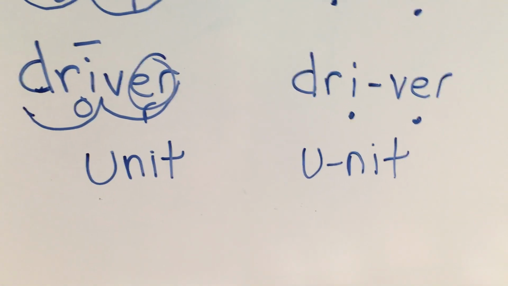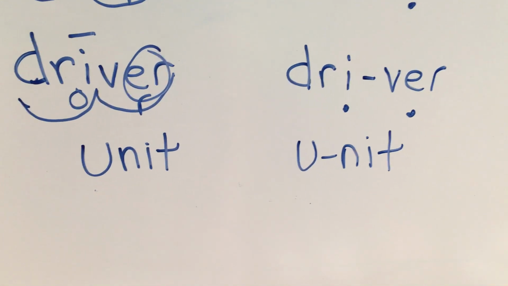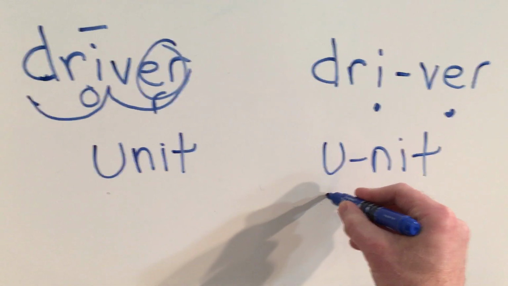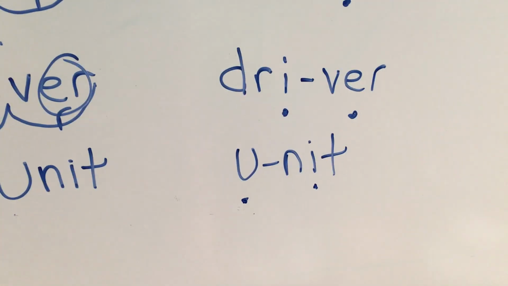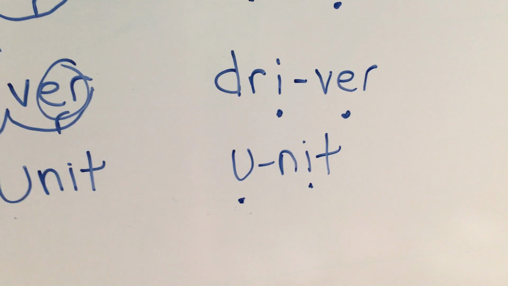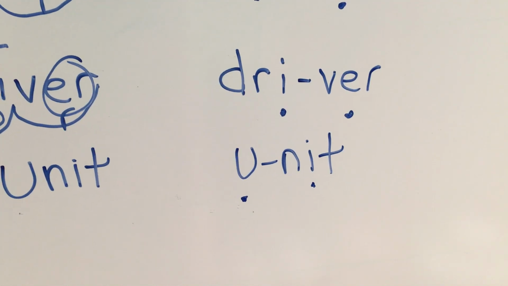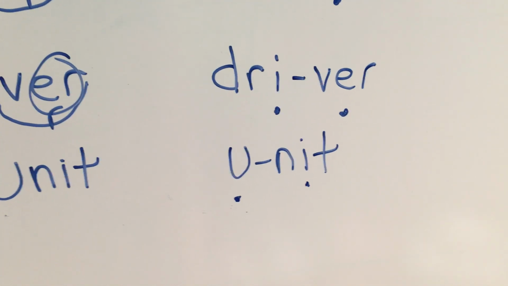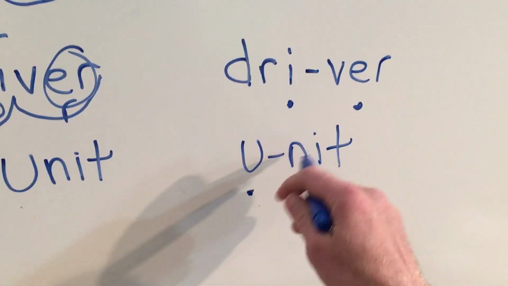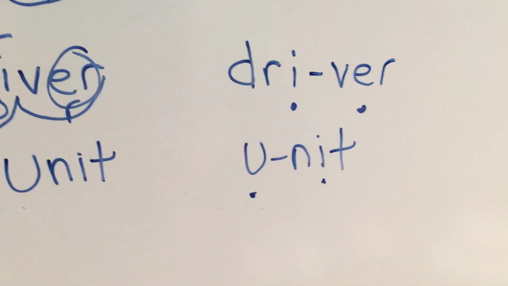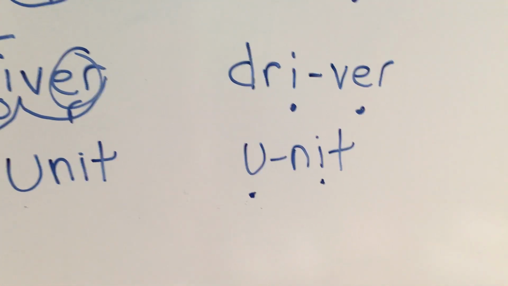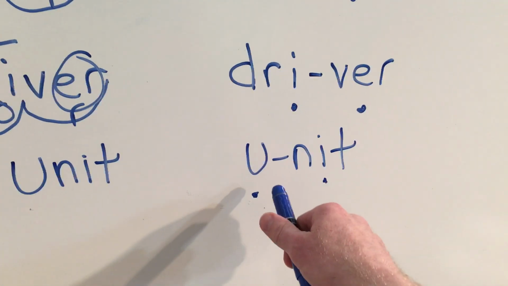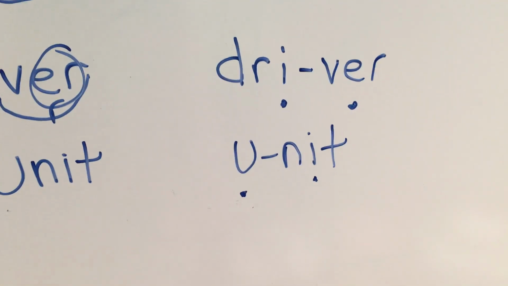Last one, unit. This is one of those weird ones where that vowel is just by itself. So unit, two vowels. We can put little dots in it to let us know, hey, those two vowels indicate it's probably two syllables. U is by itself. It doesn't have a consonant after it in the first syllable. That U is the syllable by itself. So unit. U is by itself, makes that long U sound.